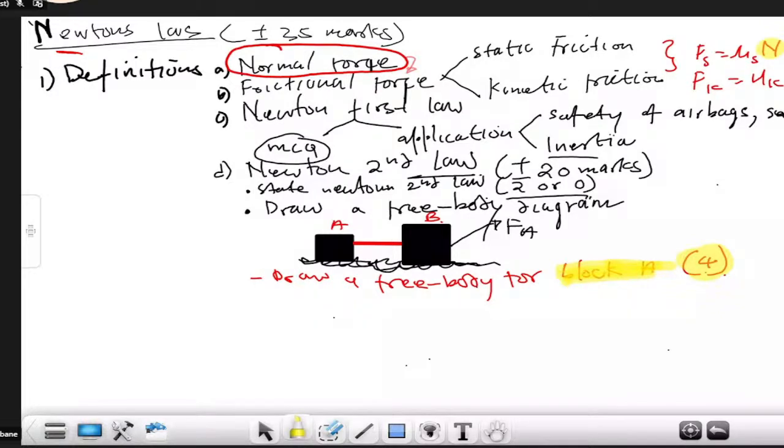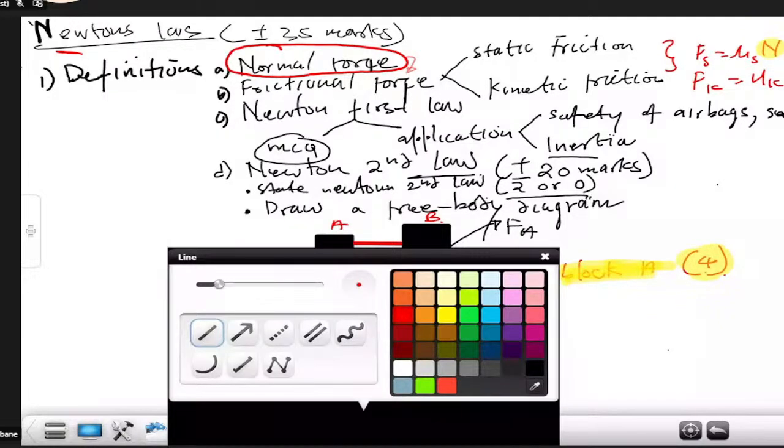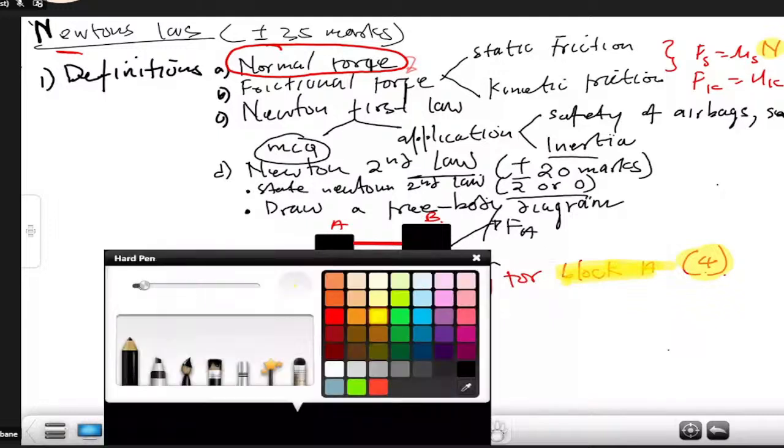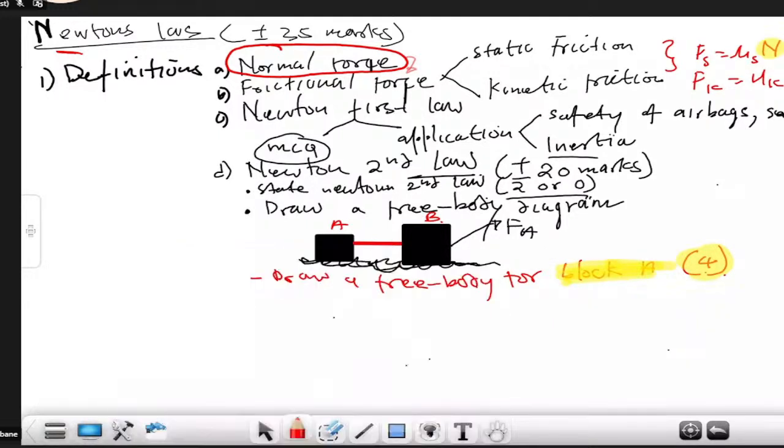Very easy. You need to also draw the second one. I will show you why. As a hint, immediately after drawing the free body diagram, the examiner will either say calculate tension or acceleration of the system. The system means block A and B.